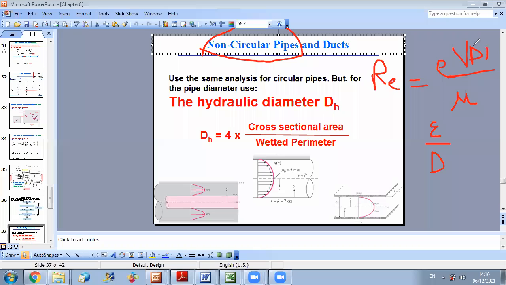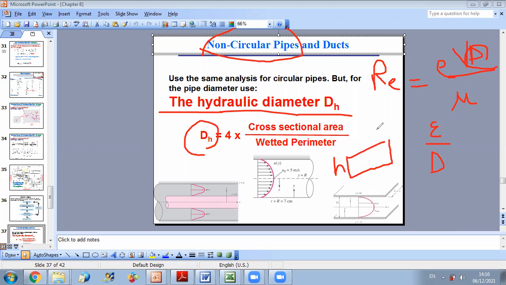We just should replace d by what we call the hydraulic diameter, which is a parameter related to the geometry of the cross section we have. For example, if you have a rectangular duct, it is characterized by h, the height, and the width. How can we compute the hydraulic diameter?